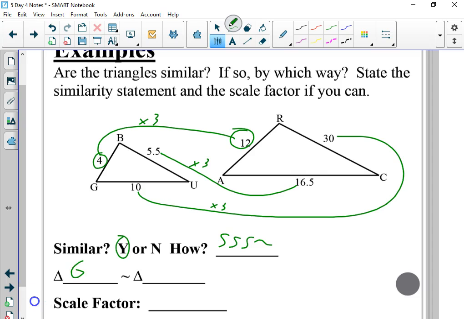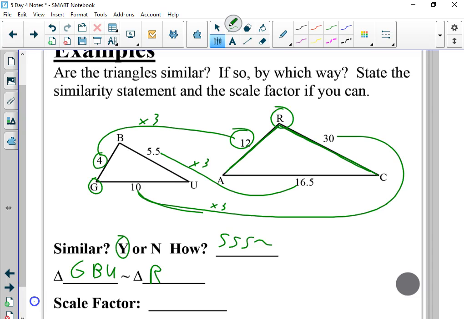I'm going to say GBU. Now let's think about it. I'm starting off at the corner between 4 and 10. That's the included angle between 4 and 10. So let's follow the lines. 10 goes with this side. 4 goes with this side. So which angle matches up with G?